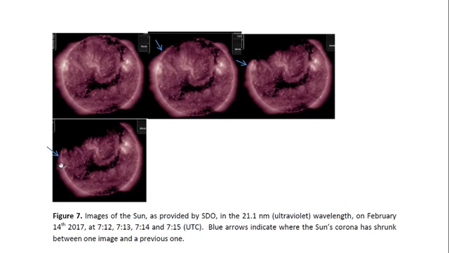And again, if we compare this image with that image, the corona has shrunk back towards the surface of the sun, and this is way ahead of the advancing darkness. This is an irrefutable argument that shows that the sun is not being eclipsed. The sun is going dark.